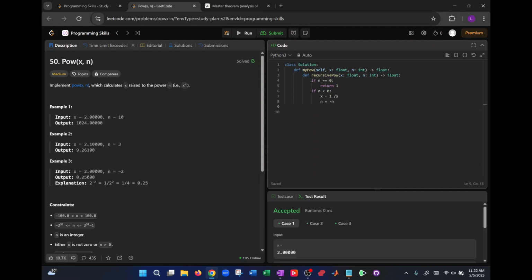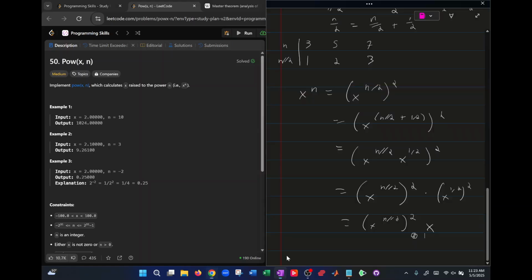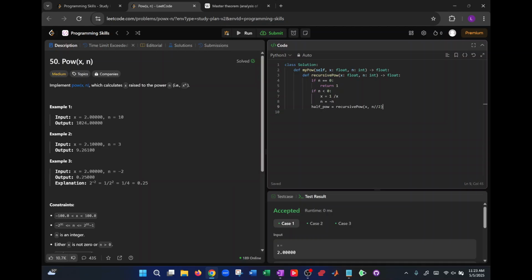And then what we're going to do is we're going to take half pow, and this is going to be recursive pow x, n divided by 2, floor division. So this is what we talked about here. We're calling this half pow because it's just x to the power of half of n, using floor division.